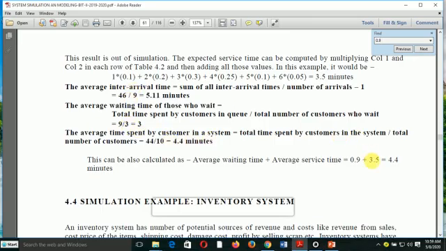We saw that it is 3.5, so the total will be 4.4 minutes. It is the same.